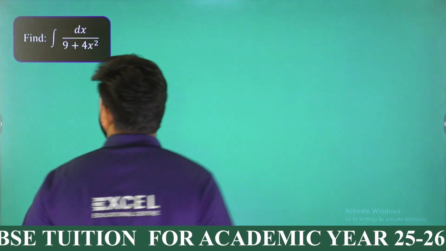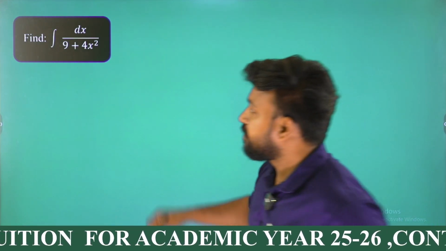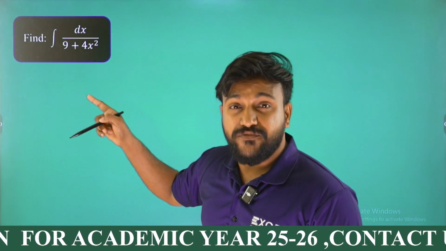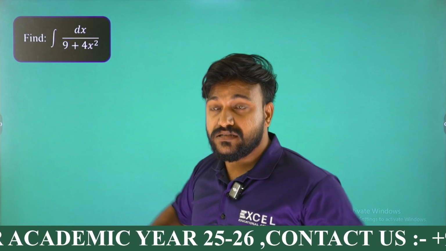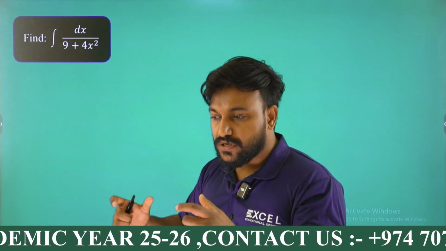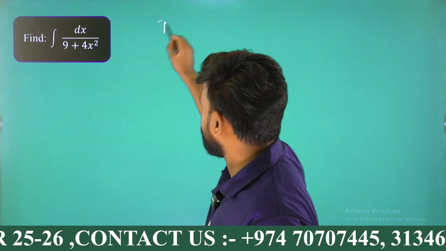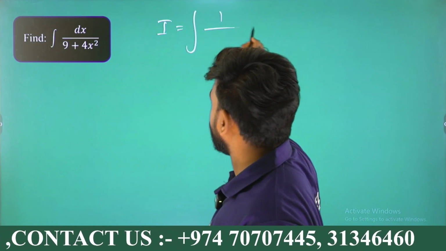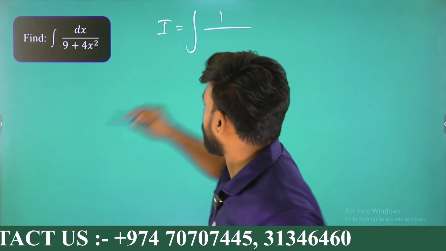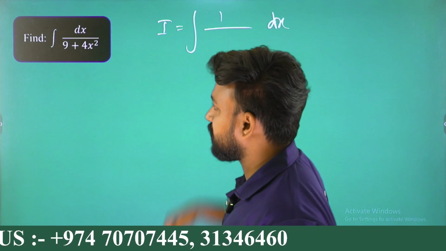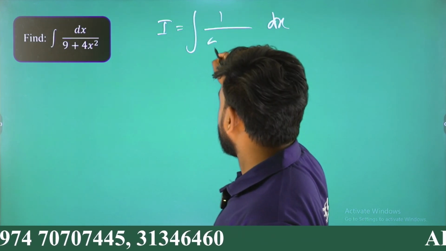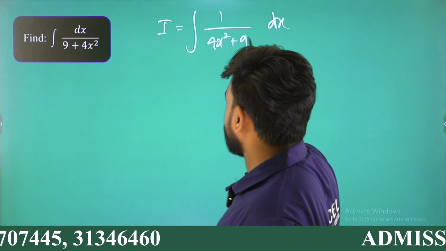So the first question is: find the integral of this one. How do we identify the question? We have to approach it using the 3 plus 3 equation format. I is equal to, you can see the numerator is 1, first qualification, nothing else, only dx is there, and at the denominator there is a second degree polynomial.